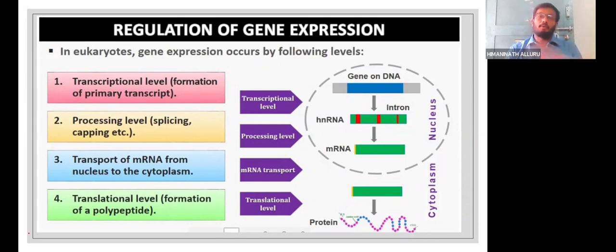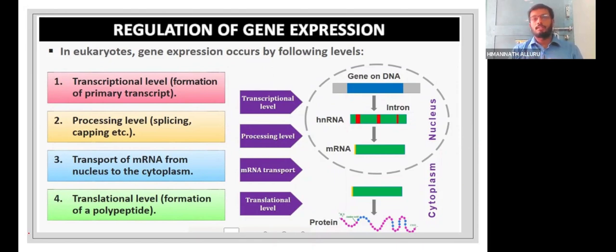Then during transport, that particular sequence will not be transported. Or at the translation level, the formation of the polypeptide will be interfered with or stopped. These are the four different levels of gene expression regulation in eukaryotes.